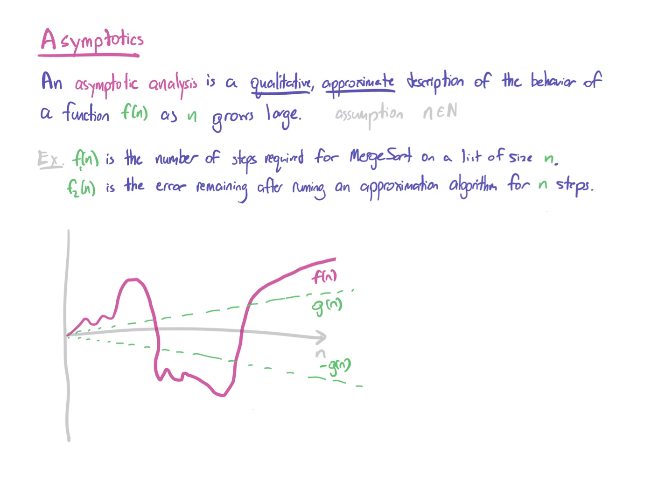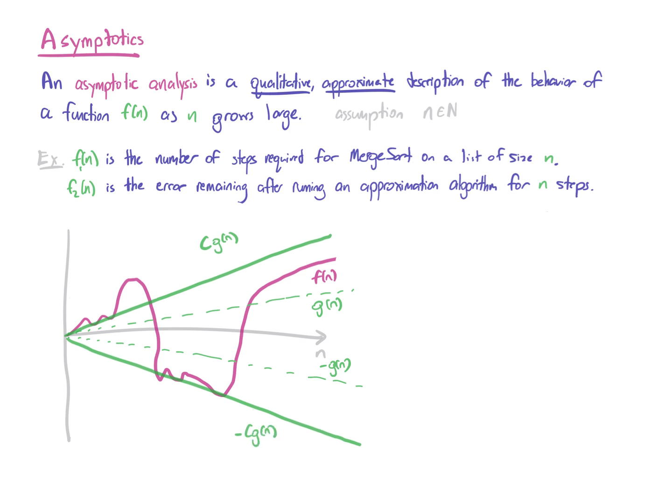But what I'm going to also plot here is another pair of functions. These functions are c times g of n, where I've picked some constant c, and then minus c times g of n. So I have a bigger cone.